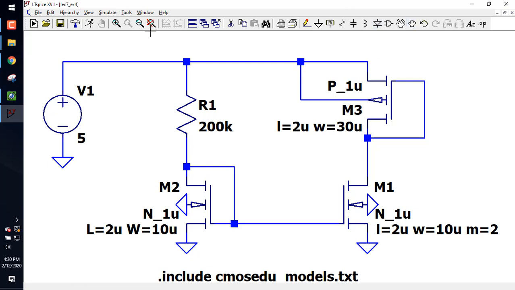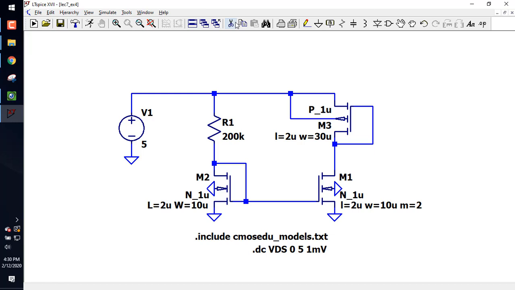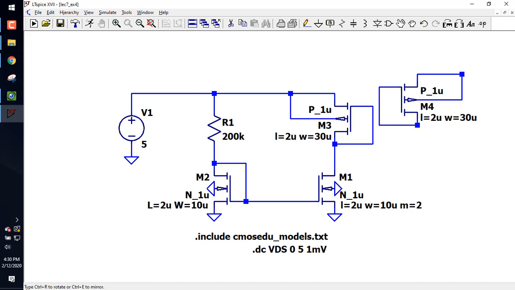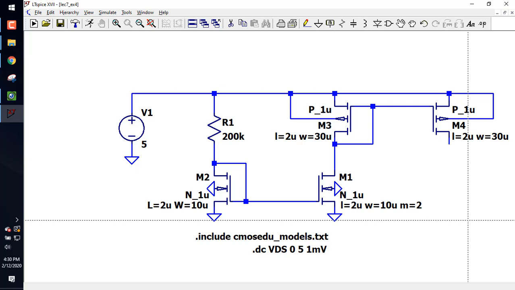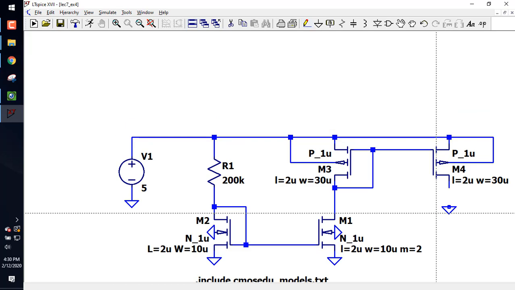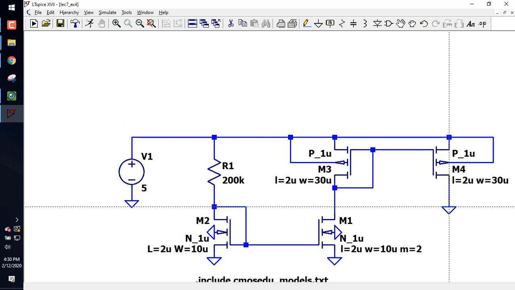So I'm going to go over here and hit copy. Then I'm going to do a Control E, get the scissors out, cut here and cut here, go here, boom, here, boom, get a ground, put that there just so I can look at the current. Can I see the current through that drain if I'm not connecting it to anything?